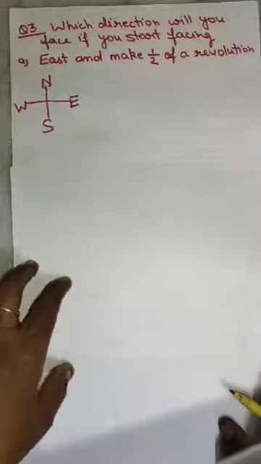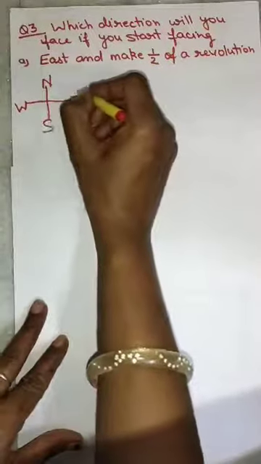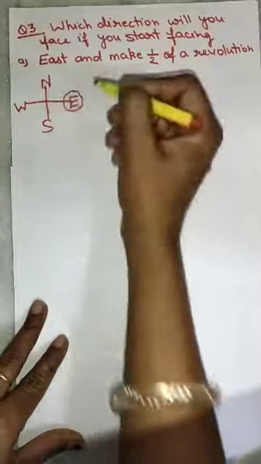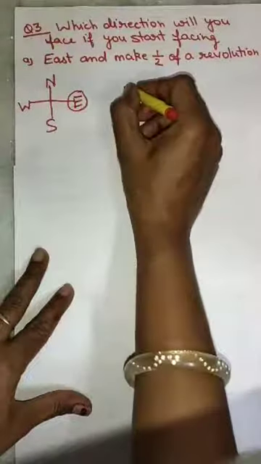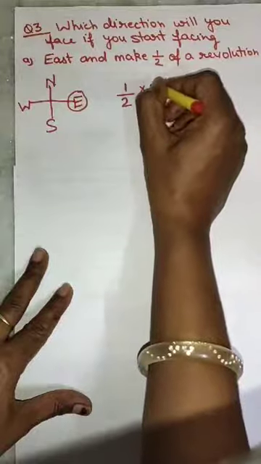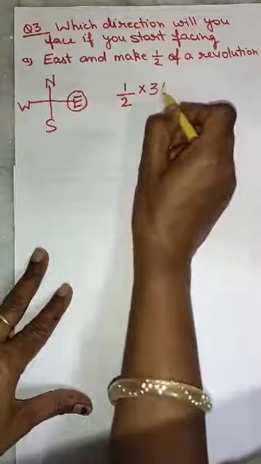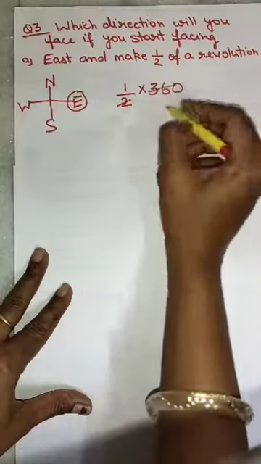Okay. Now you start from east. You have started from east, from this. And make half of a revolution. Half of a revolution, that means again you have to convert it into degree. Half multiplied by 360 degree, this is one complete revolution. 2 ones are 2.